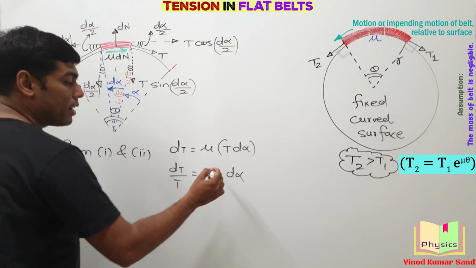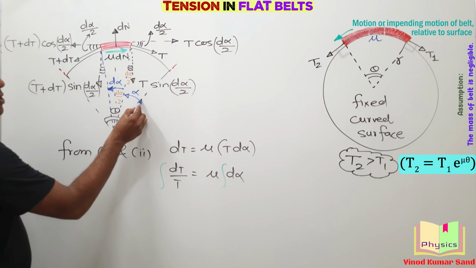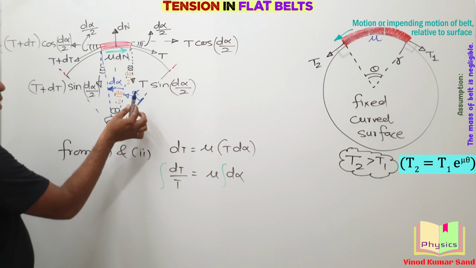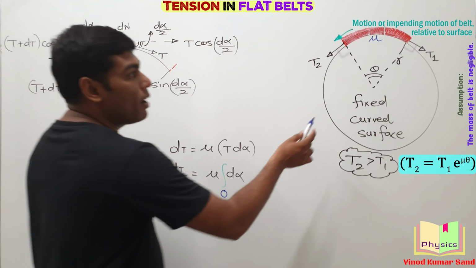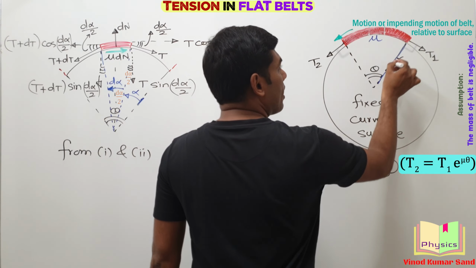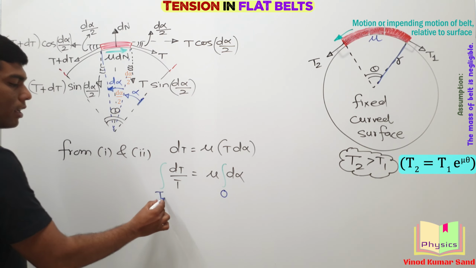We can integrate both sides. When the angle alpha is 0, alpha got started from here, we have taken the tension as T1. Got this limit? So I am putting here T1.